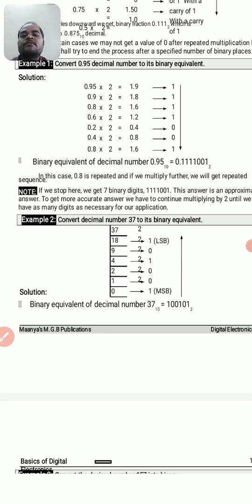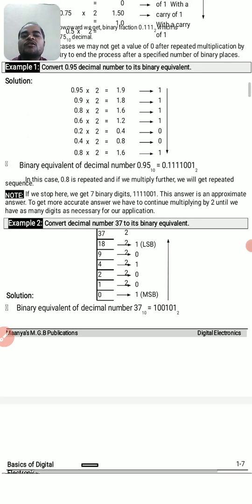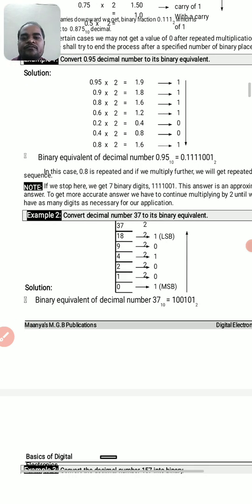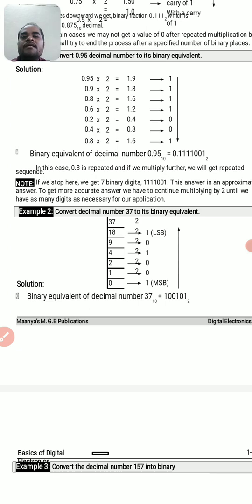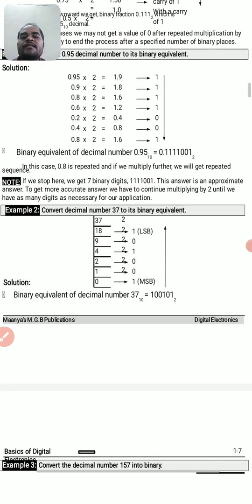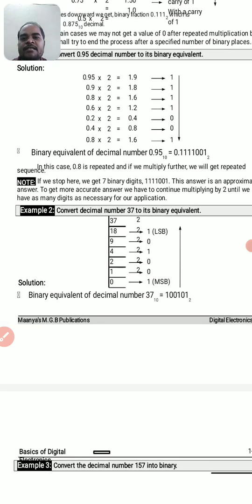So the binary equivalent for the decimal number 0.95 base 10 is 0.11111411001 base 2. Here you have to remember one point: in this case 0.6 is repeated, and if we multiply further we will get the repeated sequence. That's why we stop the process at the repeated values.